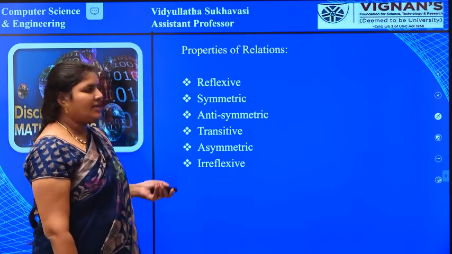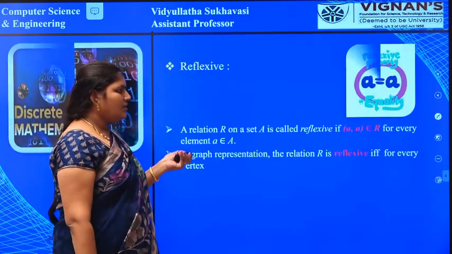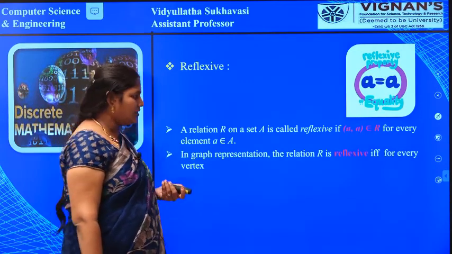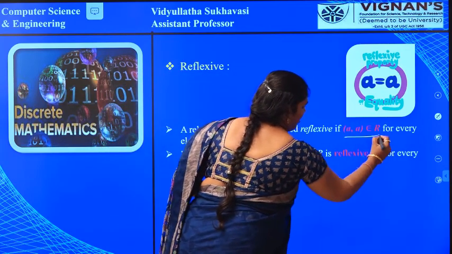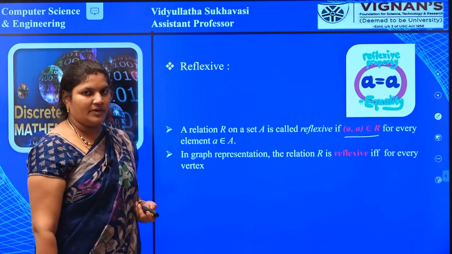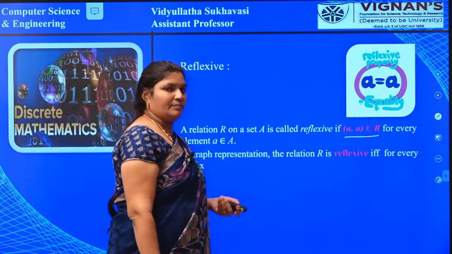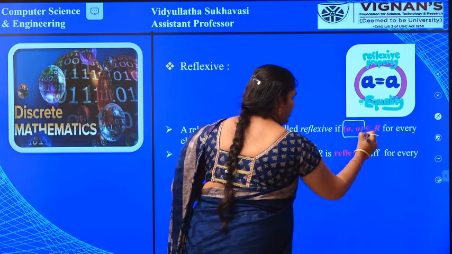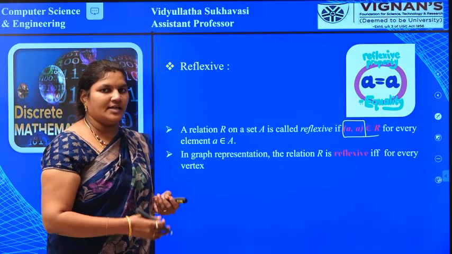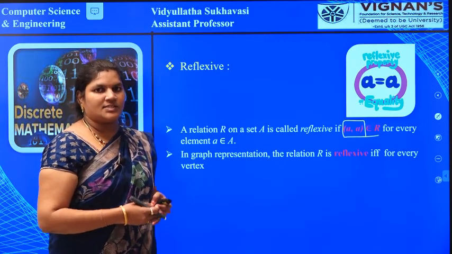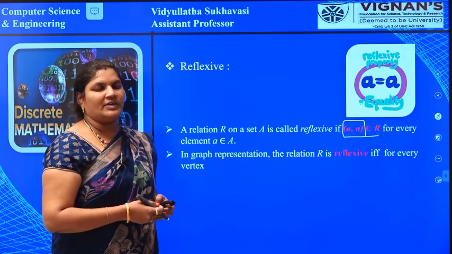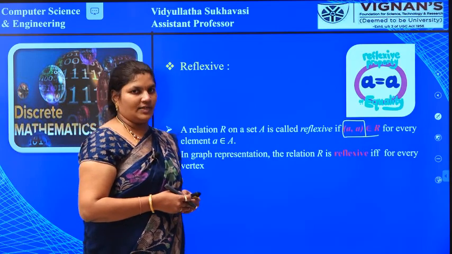The first one is the reflexive property. How are we going to check reflexive? The condition we check is: if A comma A belongs to R, then we can say that it is satisfying the reflexive property. That means the form of the ordered pair should be A comma A; the first element and the second element in the ordered pair should be the same. Only if those ordered pairs exist in the relation R can we say that the given relation R is reflexive.